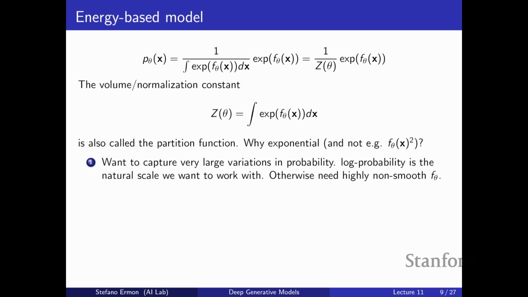If you're thinking about modeling images or even text to some extent, you might expect very big variations in the probabilities that the model assigns to well-formed images as opposed to pure noise. So it makes it easier to model these big variations if you take an exponential here, because small changes in f theta, which is what your neural network does, will lead to big changes in the actual probabilities assigned by the model. You could also do it with a square, but that would require bigger changes in the outputs of the neural network.